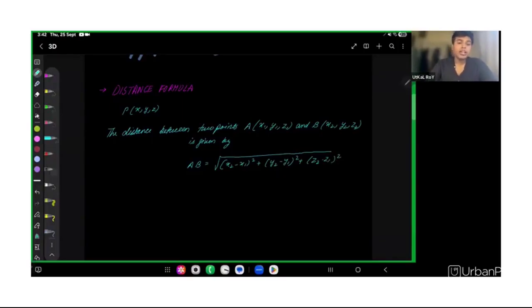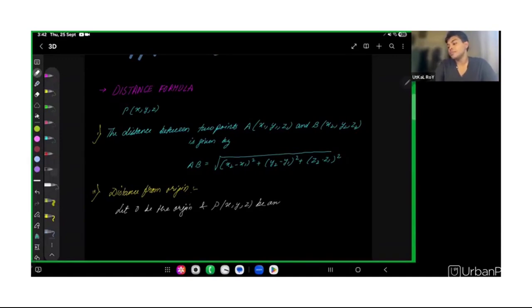Now, if we talk about the distance from the origin, let O be the origin and P (x, y, z) be any point, then OP, anyone can derive it.